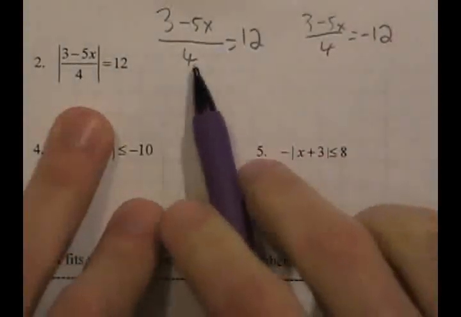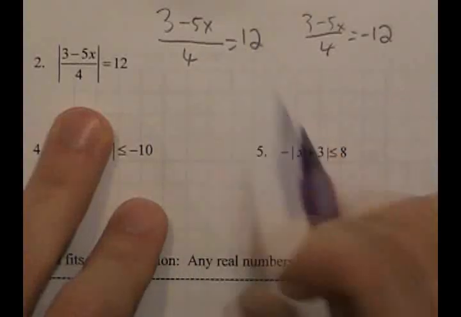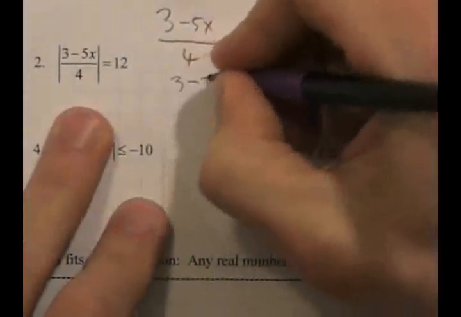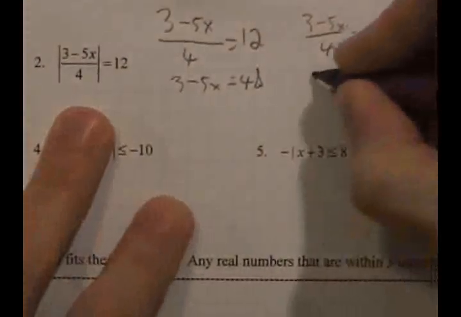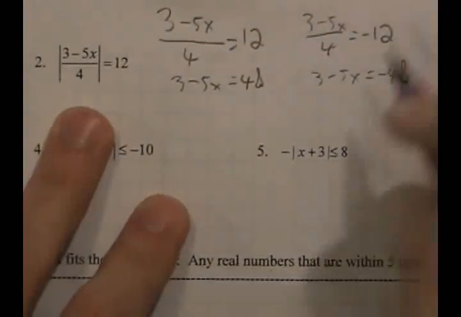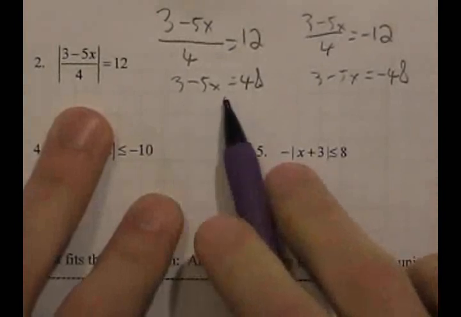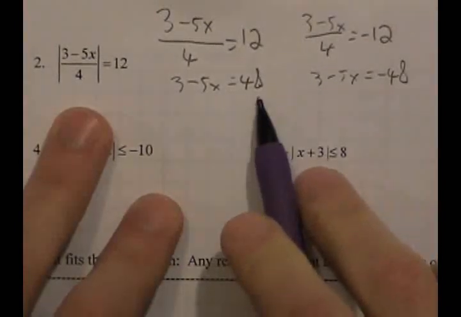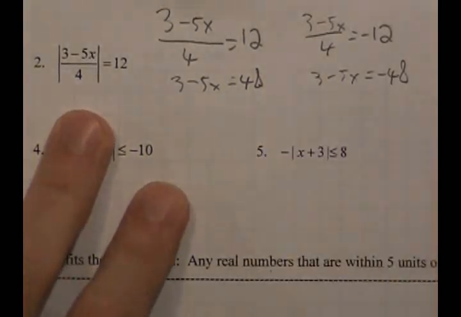So multiply both sides by 4, and that'll give you 48. So we'll have 3 minus 5x is 48, and 3 minus 5x is minus 48. And then you got to take away 3 and then divide by minus 5. So 48 minus 3 is 45, divided by minus 5 is minus 9.